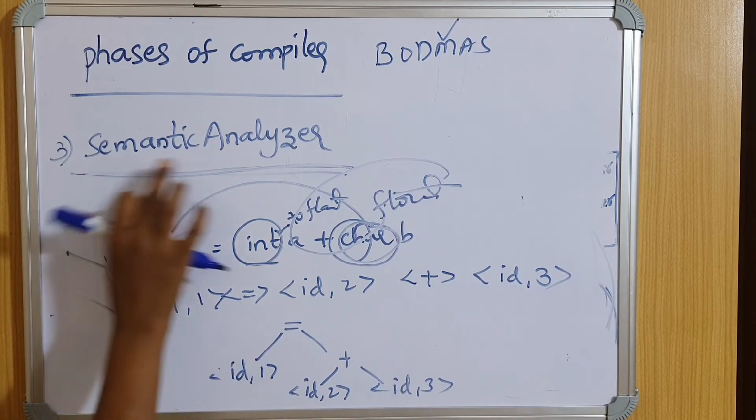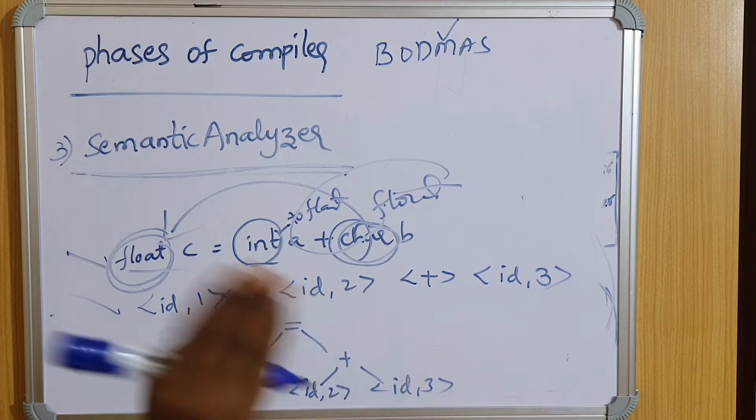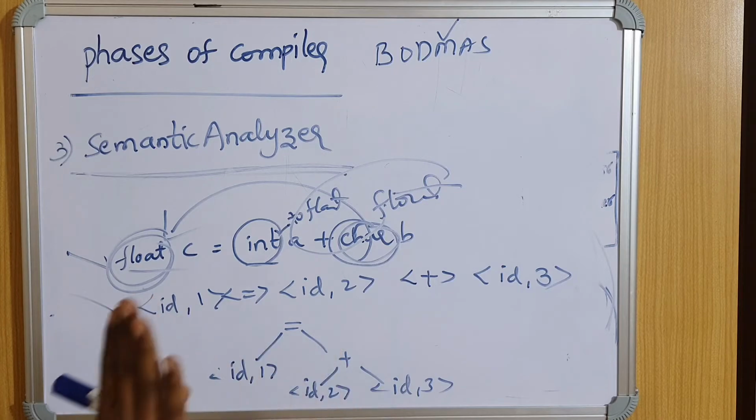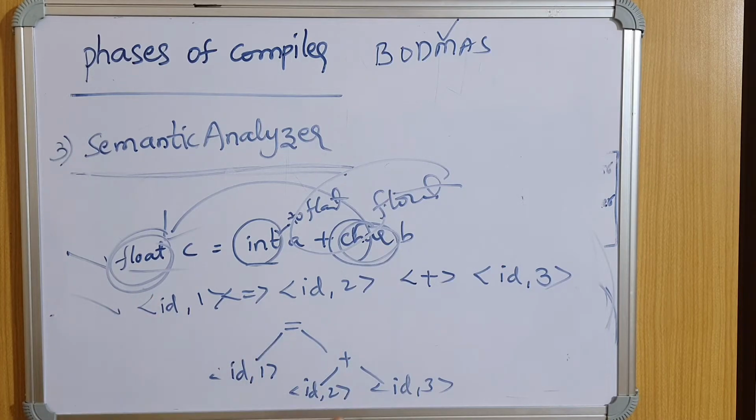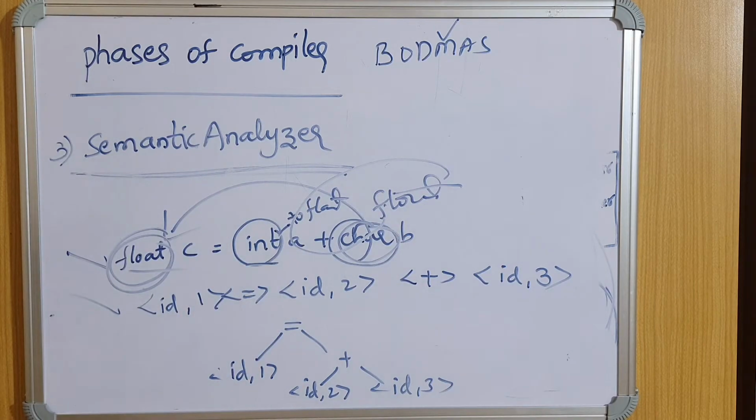The semantic analyzer will check whether the generated syntax tree is correct grammatically and whether it is following the syntax. For example, a binary arithmetic operator may be applied either to a pair of integers or a pair of floating numbers, not a combination of both. That will be checked by the semantic analyzer.